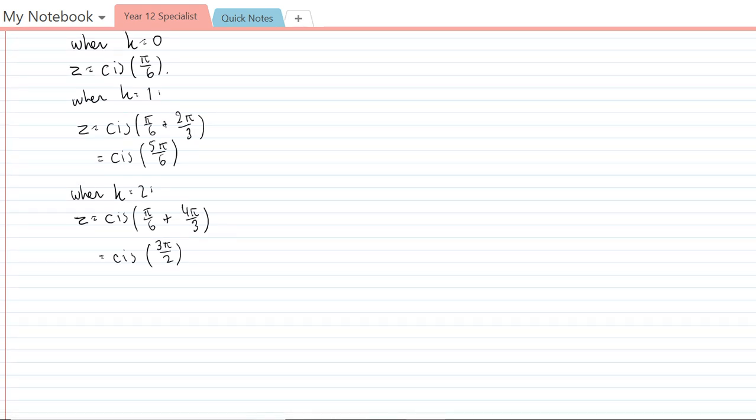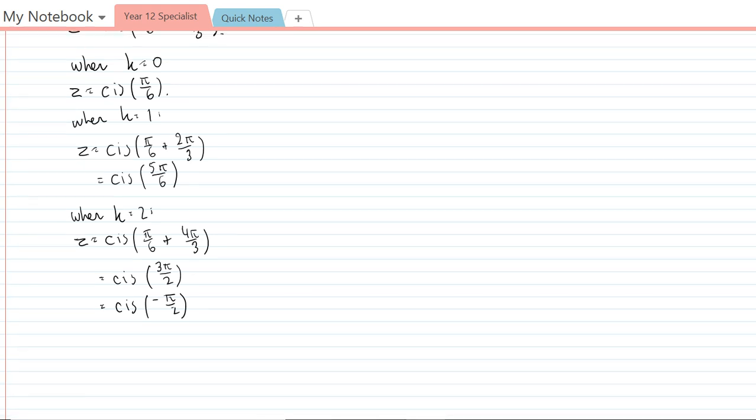But the problem there is that the argument isn't a principal value. So we need to, as I said earlier, get the negative equivalent of this one. And so that's equivalent to cis of negative pi on 2.